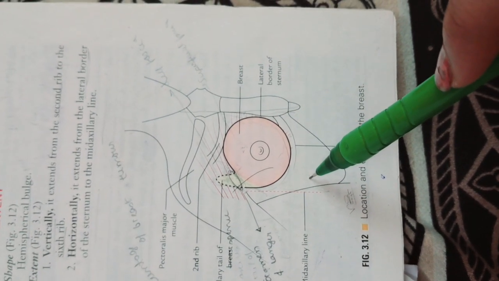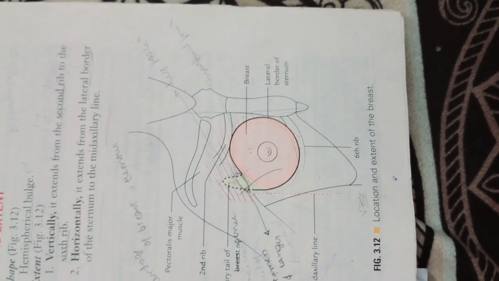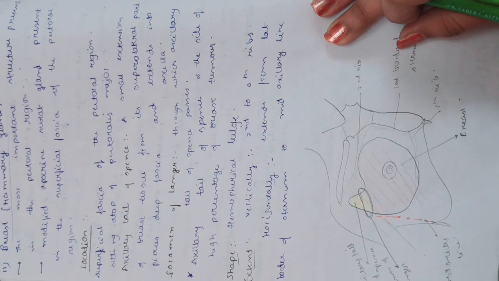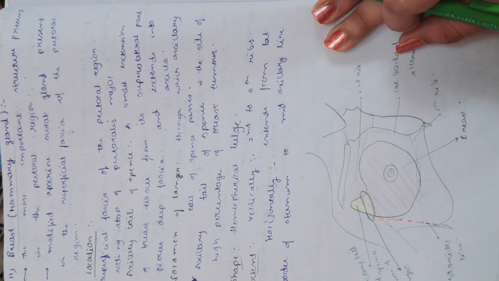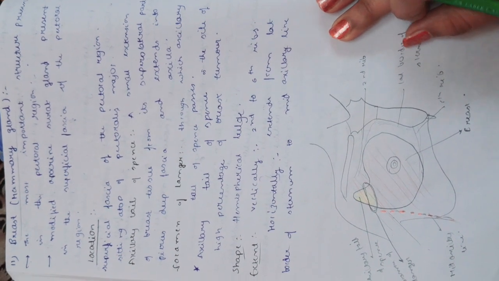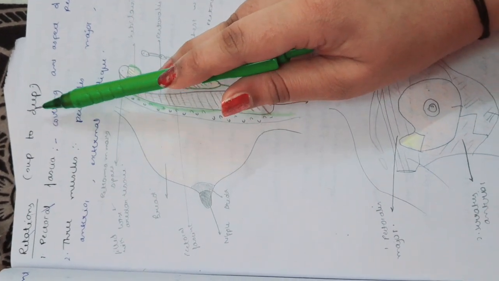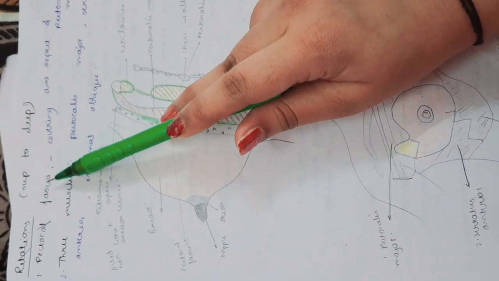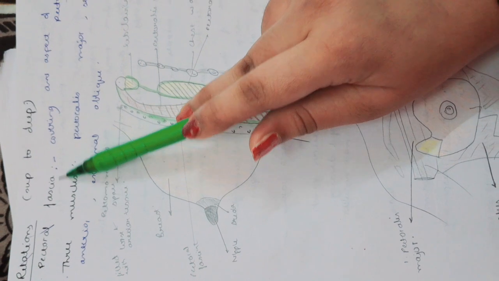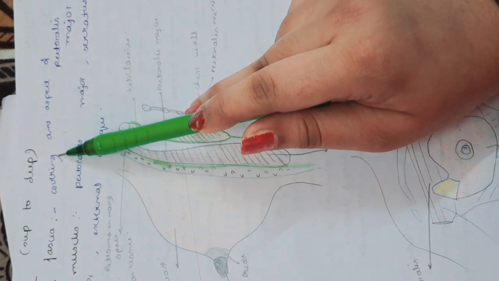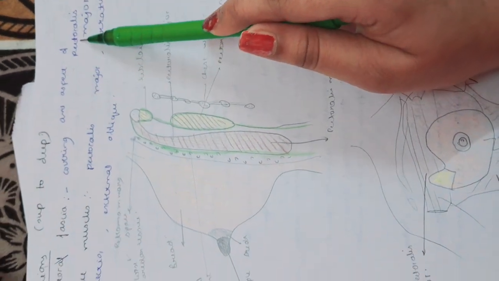Now let us see the relations of the mammary gland, from superficial to deep. Superficially, pectoral fascia is present, which covers the anterior aspect of pectoralis major.